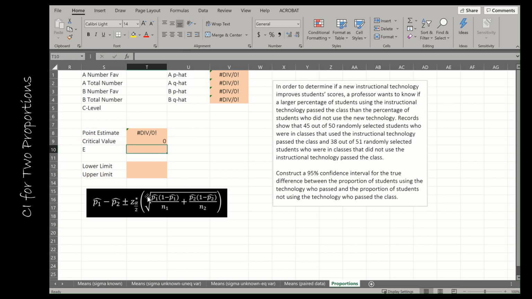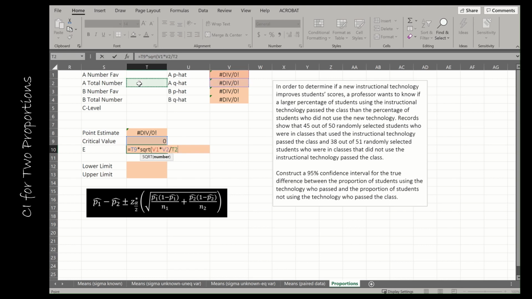And then the margin of error, so notice on this one I haven't given you a space for standard error, which is all of this stuff. So if I have to go straight to the margin of error, then I'm going to take my critical value multiplied by, and then I'm just going to enter the same thing I would if I had a space for standard error, which is square root, and then I need to take P hat 1 times 1 minus P hat 1 and divide it by N1, which is total number, plus P hat 2 times 1 minus P hat 2 divided by total number.